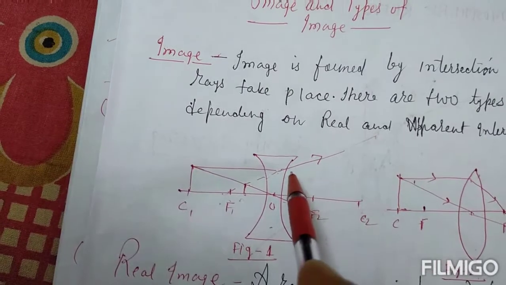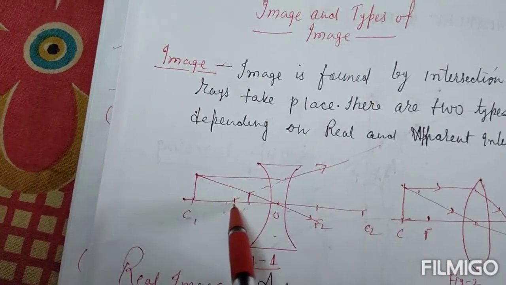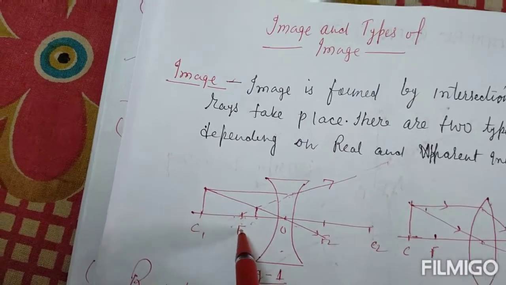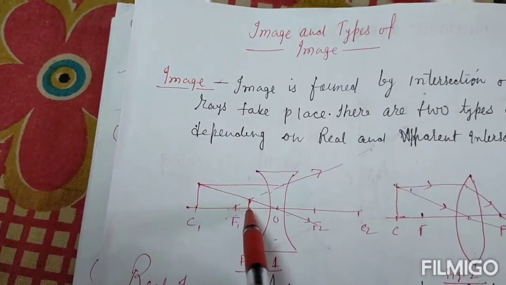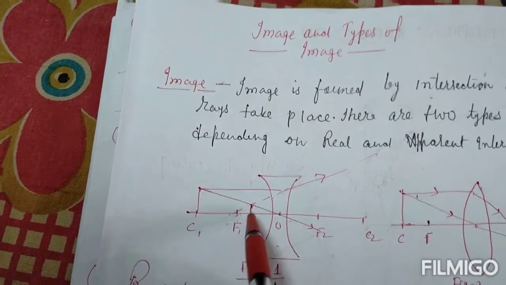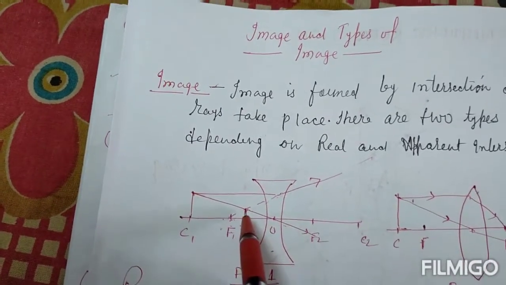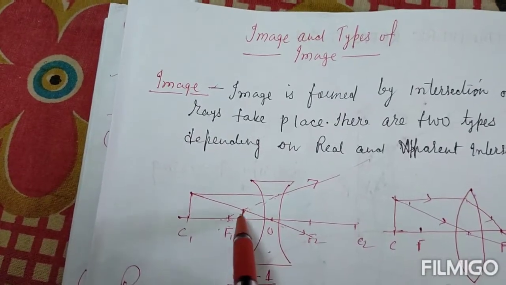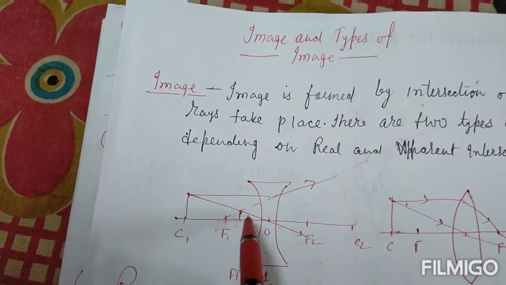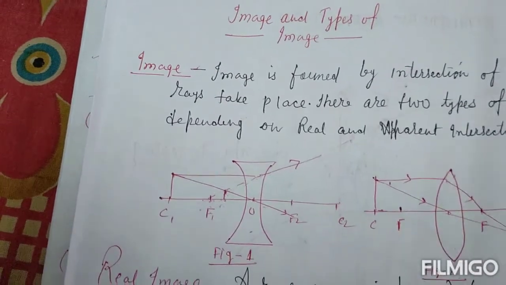But when we produce this ray backward, it seems that the rays are coming from the focus. So this is the point of intersection. But this dotted line shows that intersection does not actually take place.